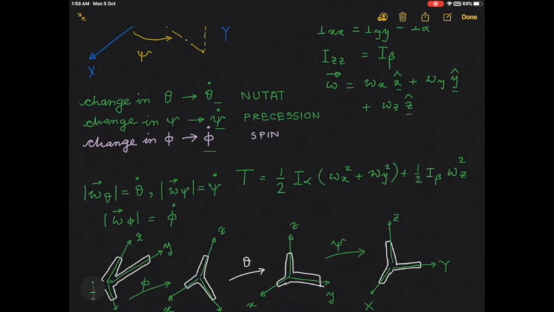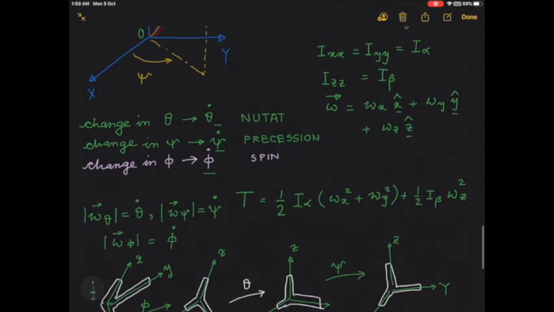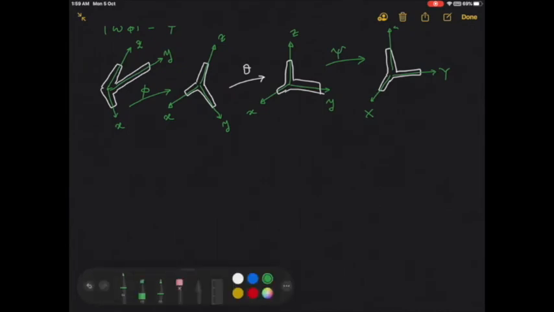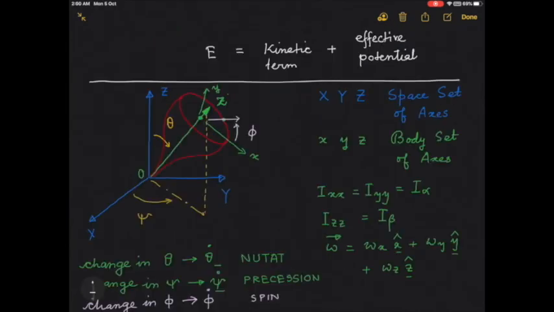Right? So all we have to do is to find the x, y and z components of each of these three omegas. So let us do that. Let us just write down these components. Omega phi is along this, which is along the body z axis.